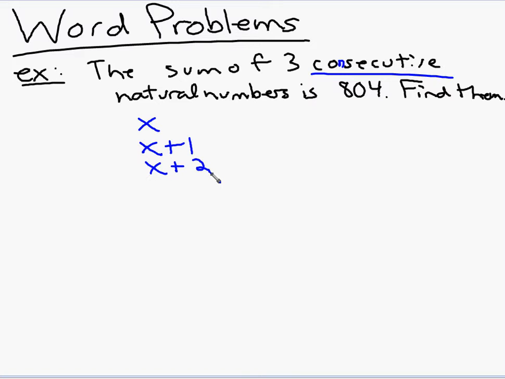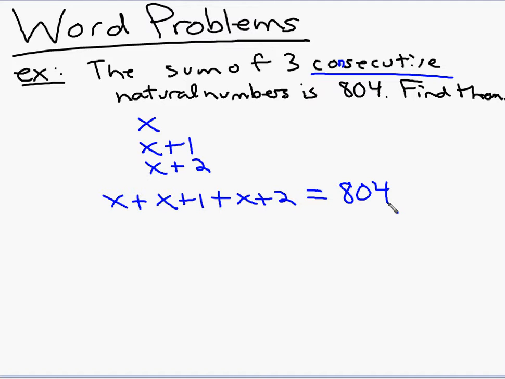So if I wanted to do the sum of those three, wouldn't I add them together? So I would have x plus x plus 1 plus x plus 2. I would add those three together, and that must equal 804. Right?